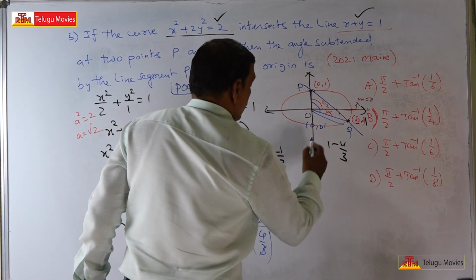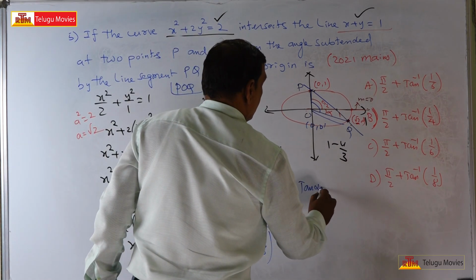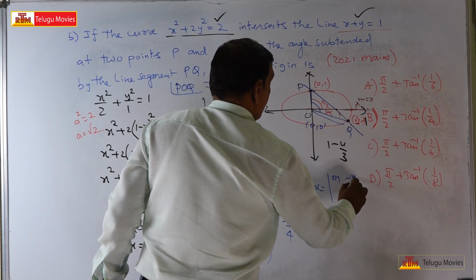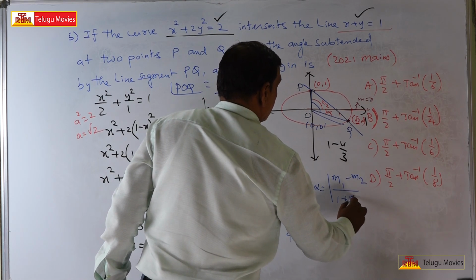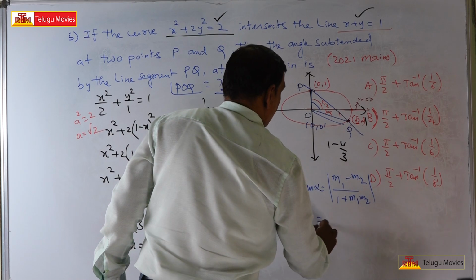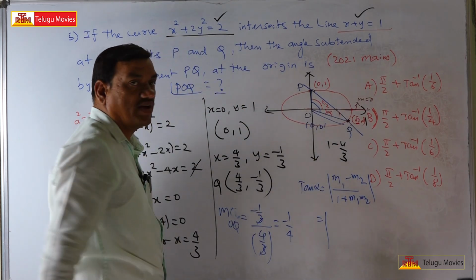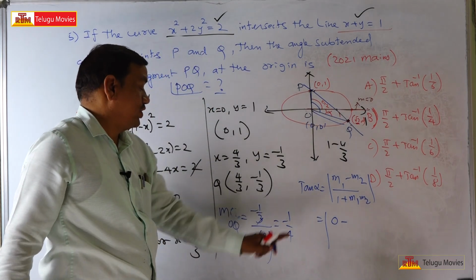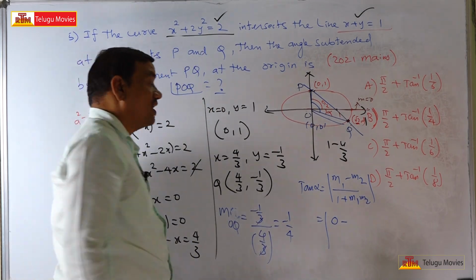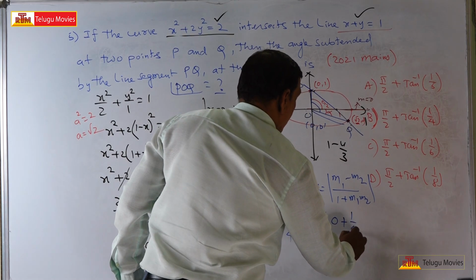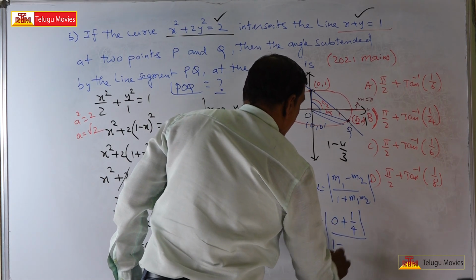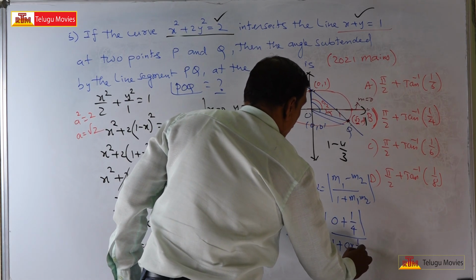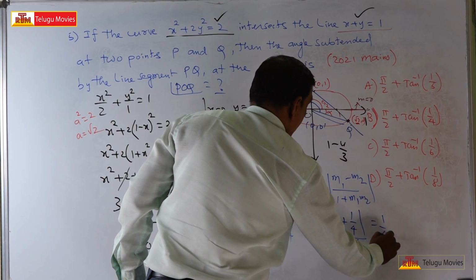Therefore this angle tan alpha is given by the formula (m1 minus m2) by (1 plus m1 into m2). Here m1 is the slope of the x-axis, 0, minus m2, the slope of OQ, which is minus 1 by 4. That means plus 1 by 4 divided by 1 plus m1 into m2, which on the whole is 1 by 4.